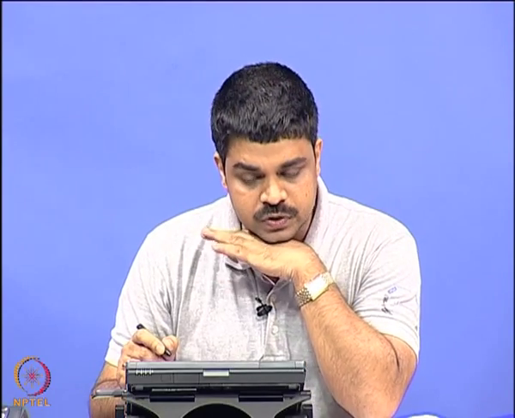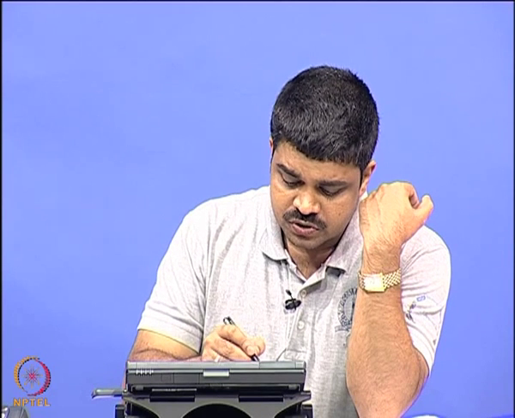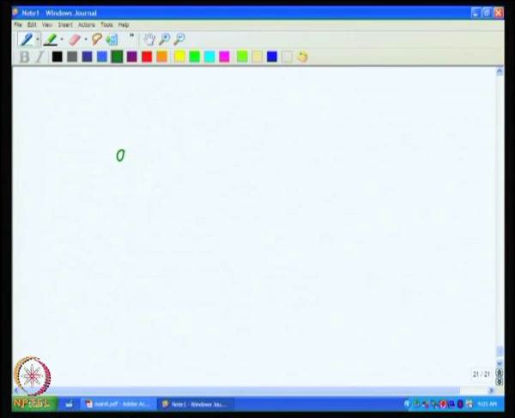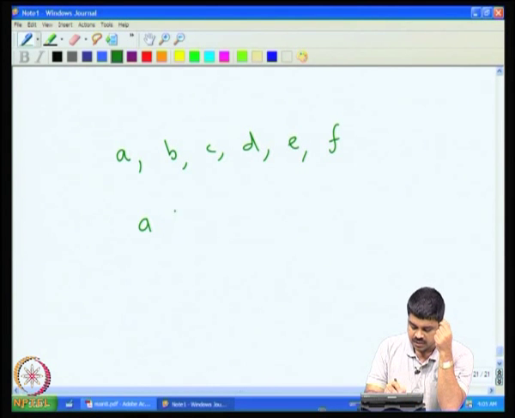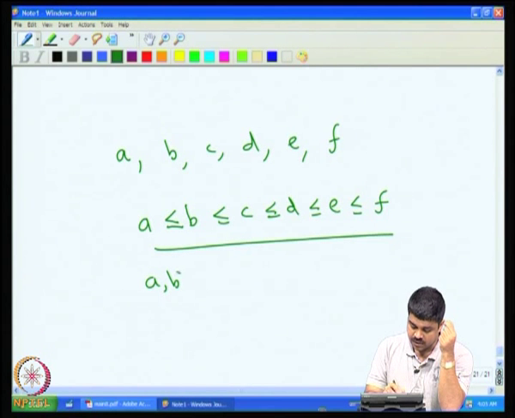Look at this question. Suppose we are interested in covering all the vertices of a partial order in some way. Let us say we consider a sequence of members of the partial order A, B, C, D, E, F like that, such that A is related to B, B is related to C, C is related to D, D is related to E, E is related to F, like that.